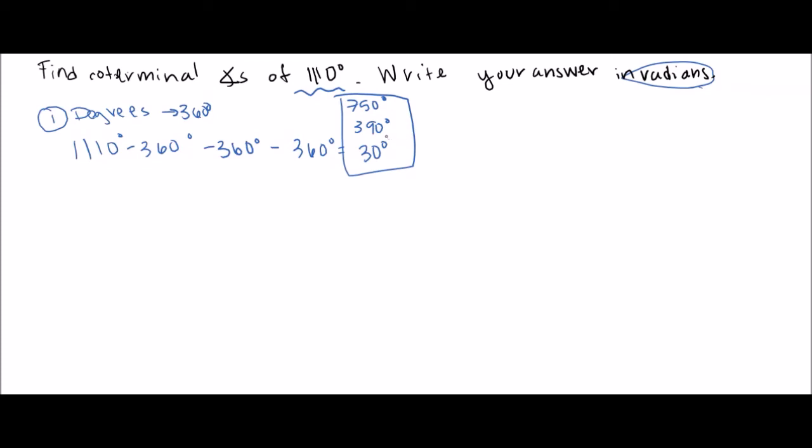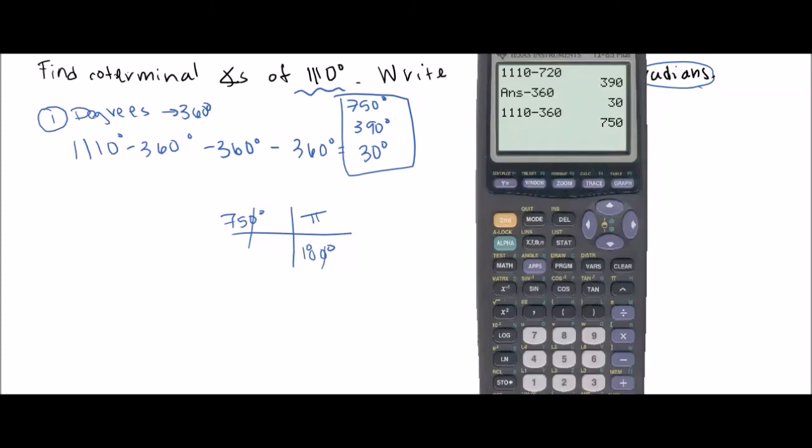We are going to convert one of these to radians and then use that to find out what the other ones are. So let's convert 750 degrees to radians. I like to use 180 degrees and pi. Can already cancel out that last bit. I'm going to pull up my calculator again.